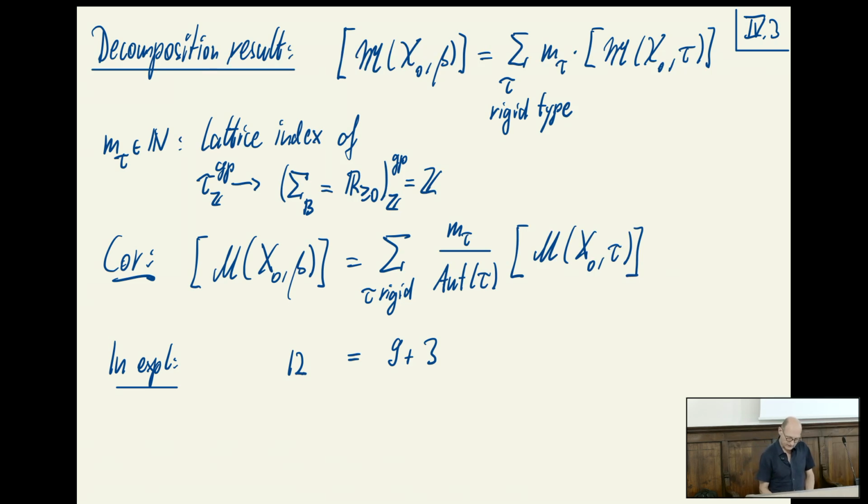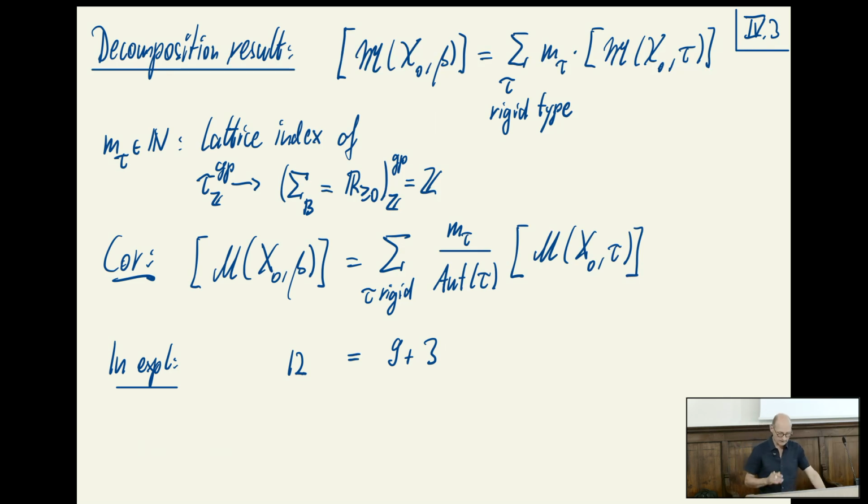And you can write it as a sum over rigid types of the central fiber. And there are certain multiplicities that you can easily compute tropically. That's actually a very easy thing, right? So each tau of the rigid types maps to the base, which is in R larger or equal 0. And it's just the lattice index of that map.